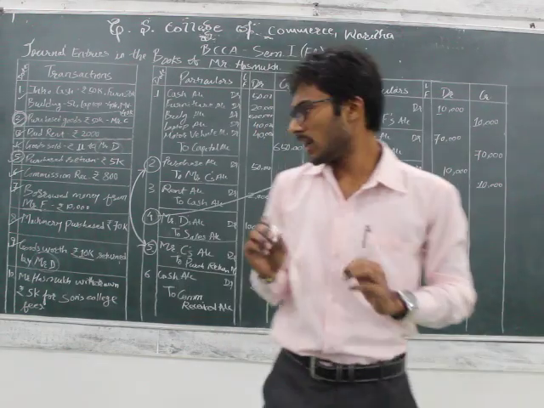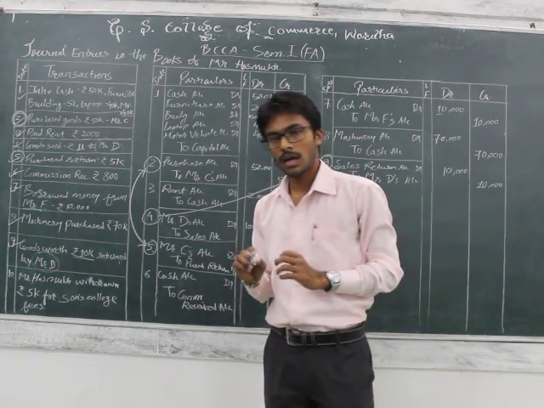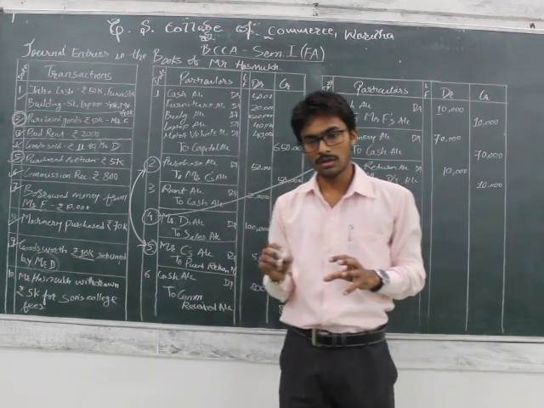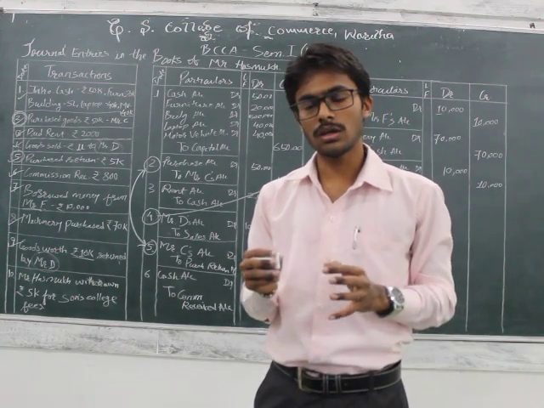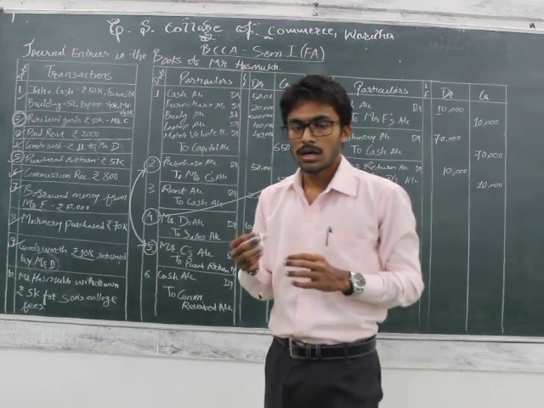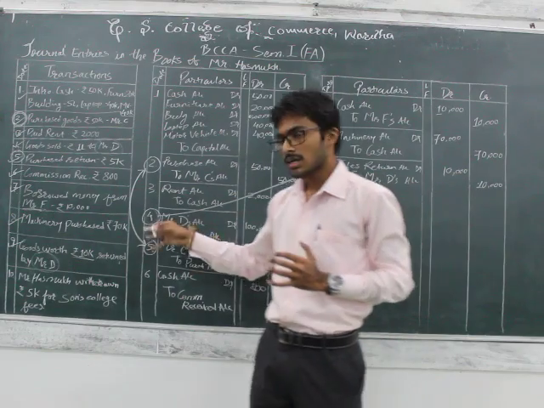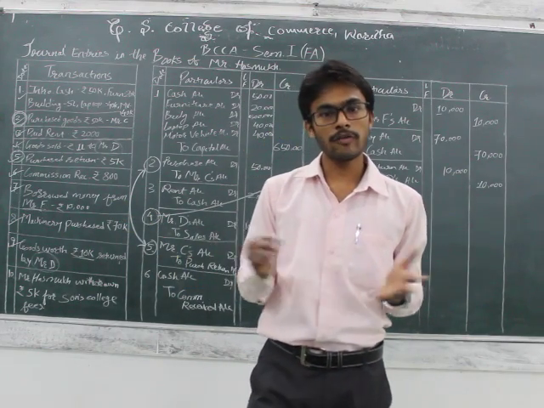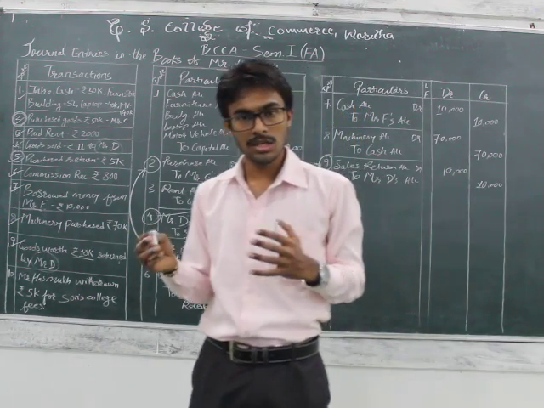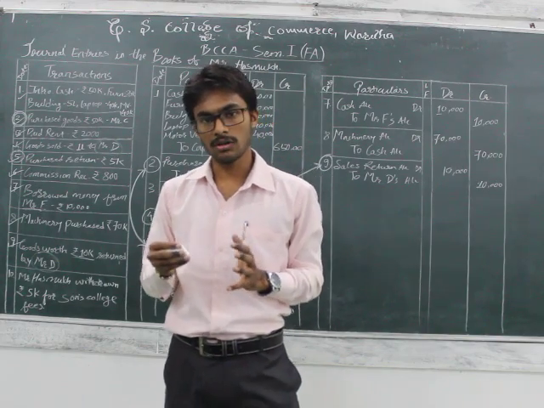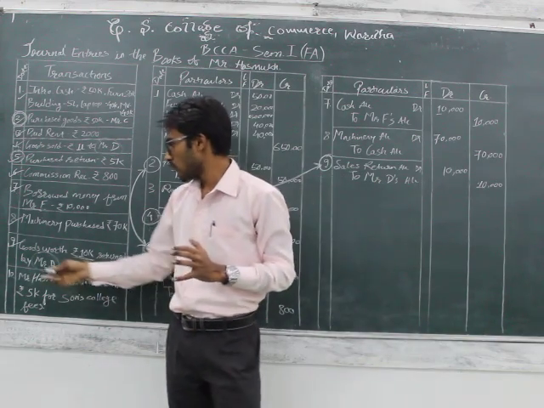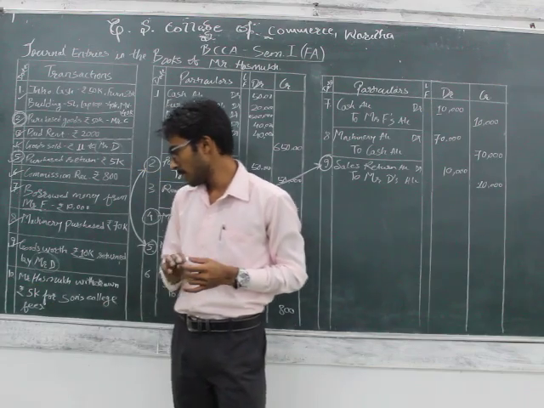Okay. So this is the scene for the 9th. Now what will be the entry for the 10th? This is also one of the entries which can be asked in our exams. Sales return, purchase return and drawings are favorite entries for valuers. So you have to concentrate on these entries. Okay. So we have completed 9. Now on the 10th.